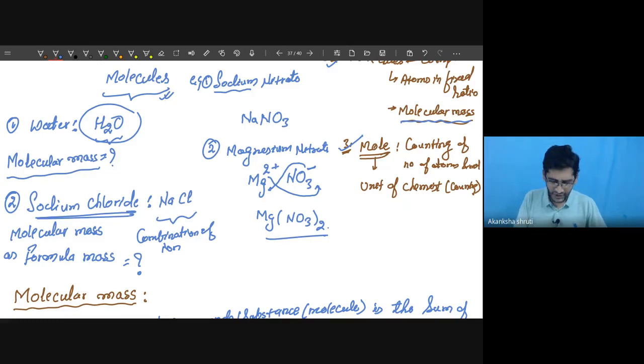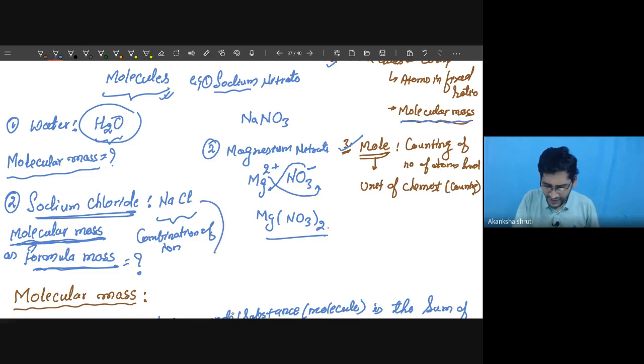But there is another name used for this kind of compound, which are ionic. Molecular mass may be used, but in addition to this we are using another name called formula mass. So formula mass is the same as molecular mass.